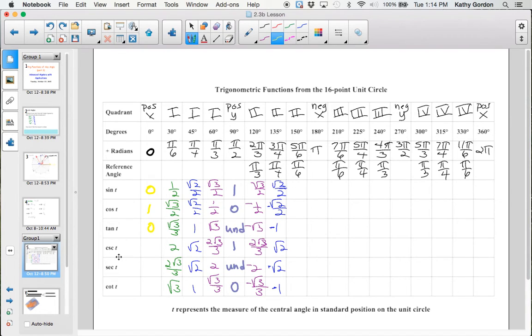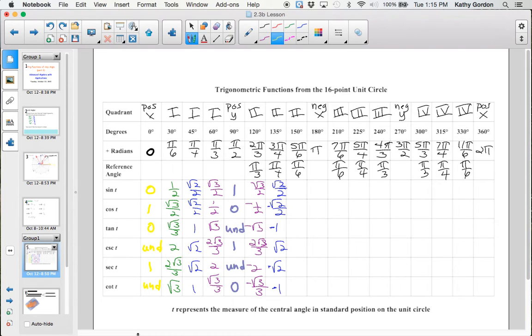Now if I do cosecant, that one's undefined. Secant, 1, and cotangent, that's the one that's undefined too. Yep. So when you're on the axes, you are probably going to end up with some of your trig functions being undefined.